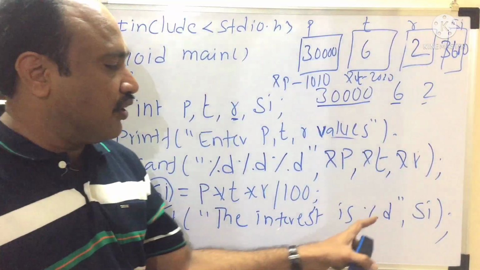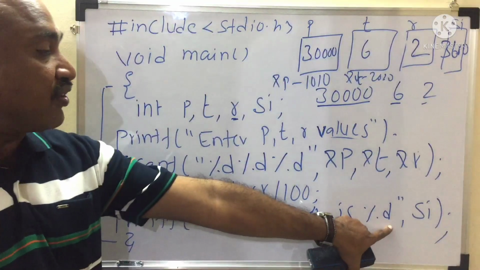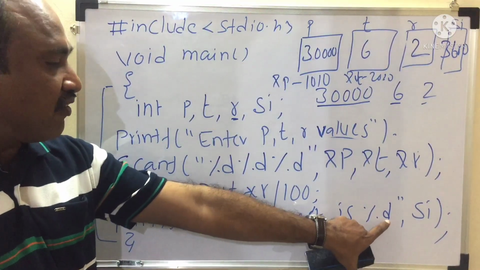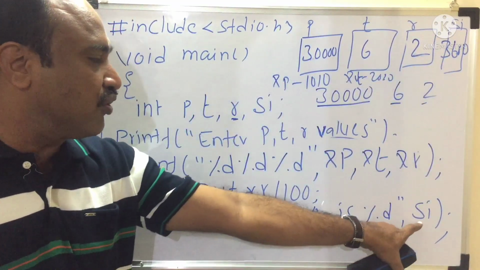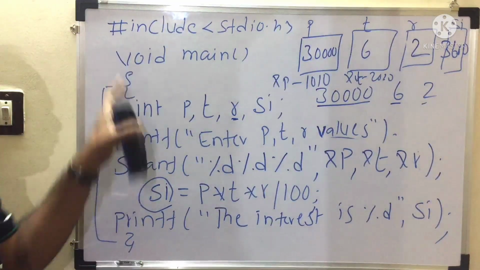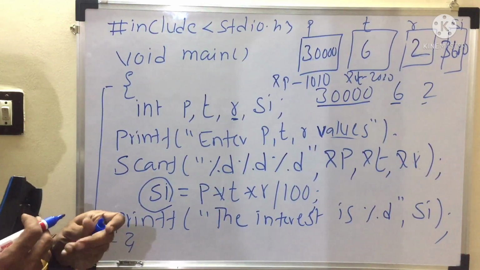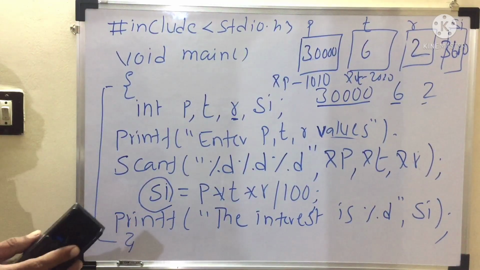Printf, the interest is, %d means what I have to print? Integer. Where is it? It is under the name SI. 3600 is printed. Program end. This is the program to find simple interest.